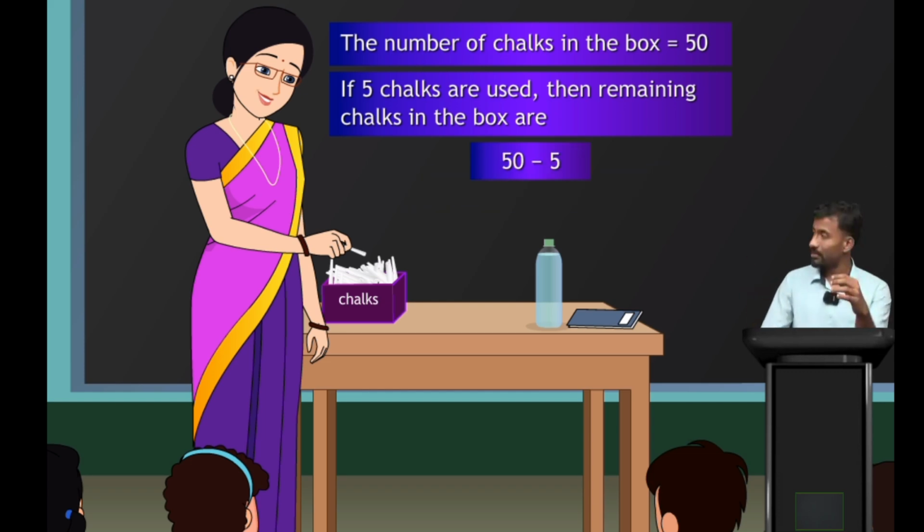The simple answer: we have 50 chalks and we have taken out 5 chalks. So the remaining number of chalks will be 50 minus 5.